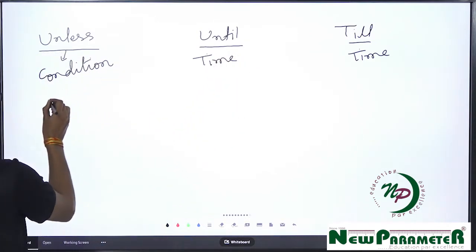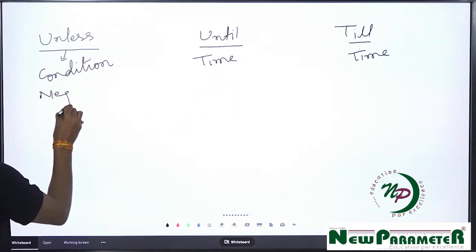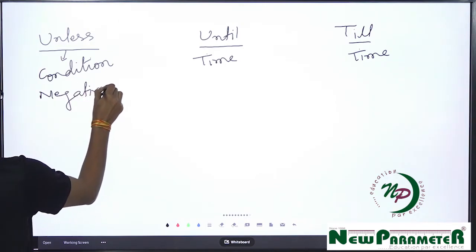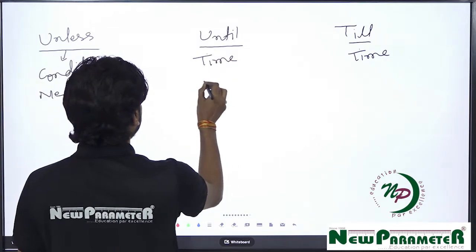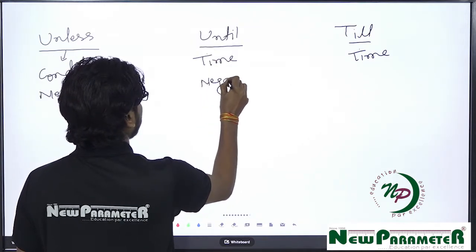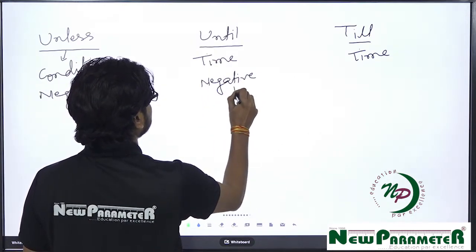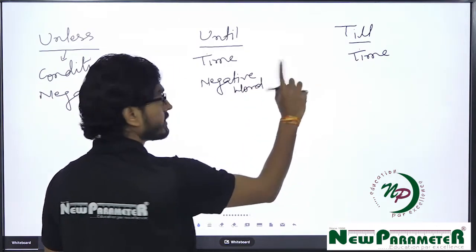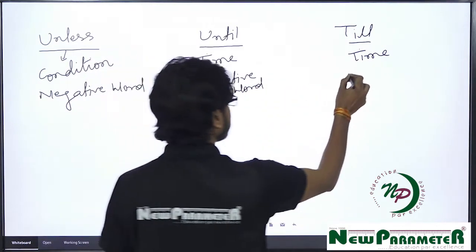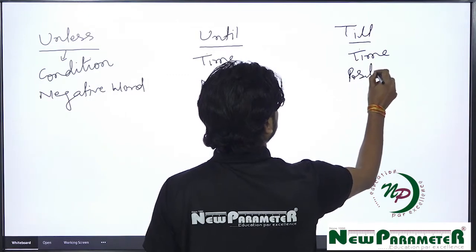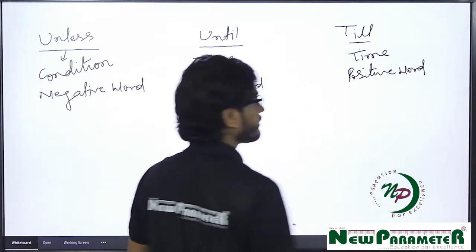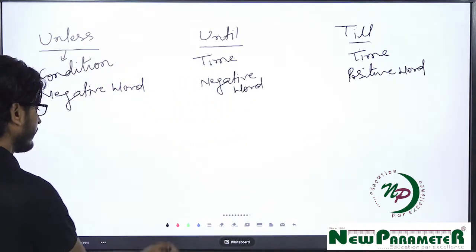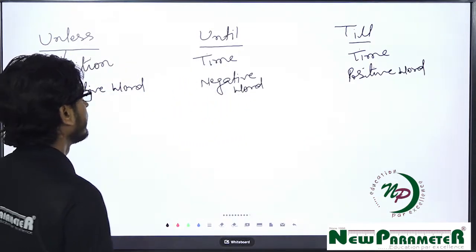One more thing. This is a negative word. This is a negative word. It is also a negative word. But this is not a negative word. "Till". This is a very positive word. This is a positive word. Okay.